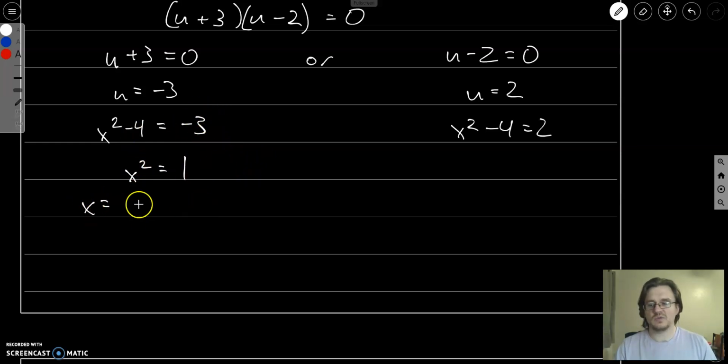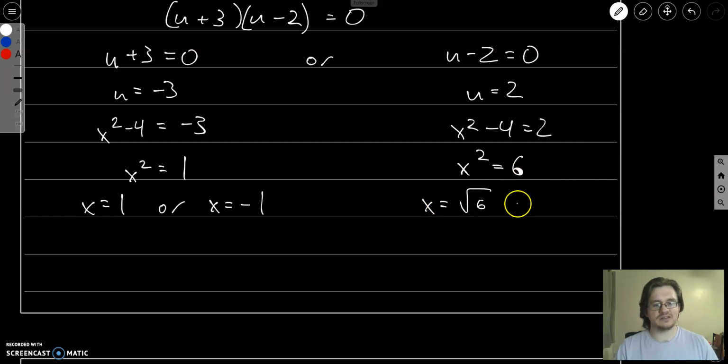So x will be either the square root of 1, which is 1, or negative the square root of 1, which is also negative 1. On this side, if I add 4 to both sides, the negative 4 will cancel and I'll get 6. So x is either the square root of 6, or x is negative square root of 6.